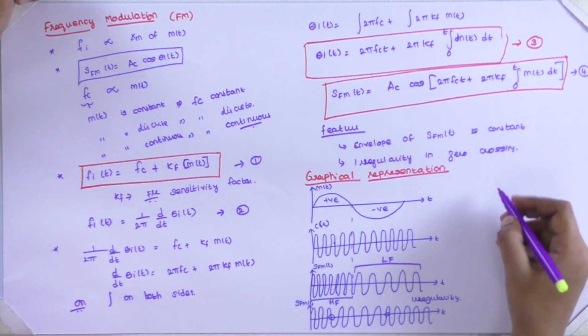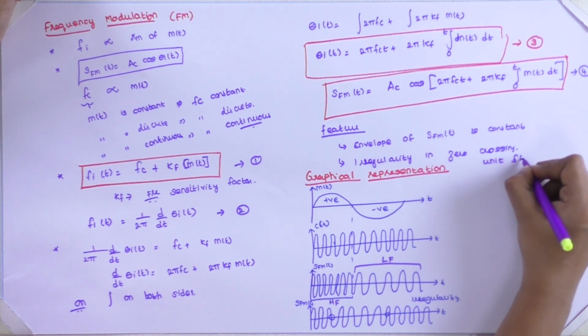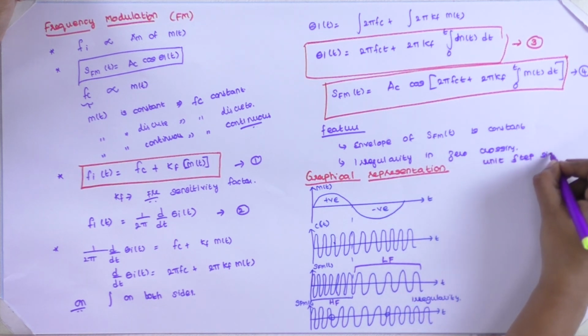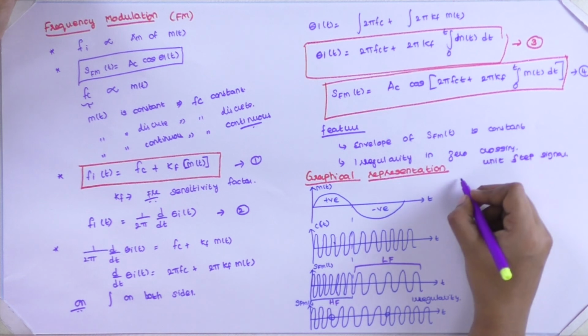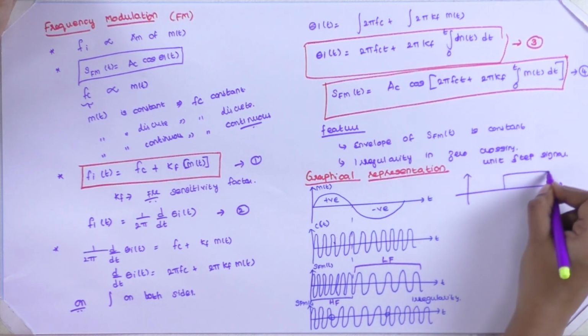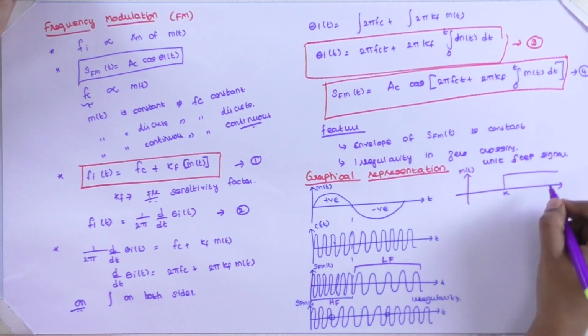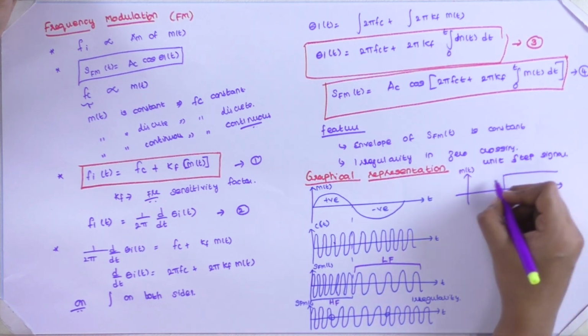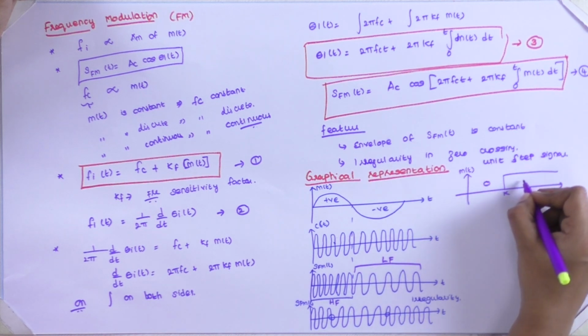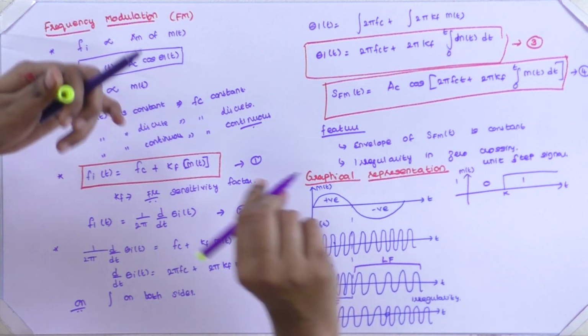But if we take a unit step signal as the message information signal, consider this as our m of t. Here we have 0 and here we have 1. So this is our message signal.